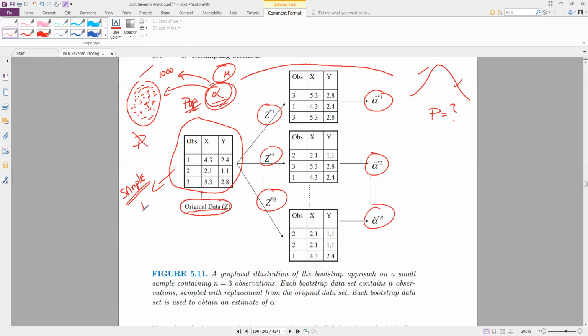This sample becomes your intermediate population, because you're going to sample from the sample. So we're giving a lot of respect to the sample here, because we're saying, okay, let's pretend like this is all we have. Let's pretend like this is the population for a second, and then let's sample from that population.